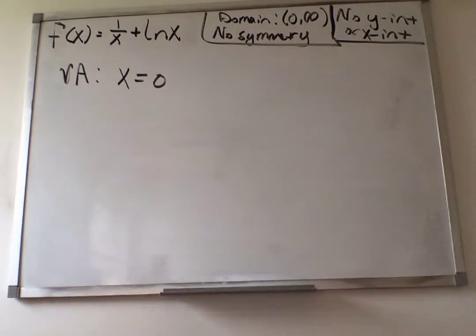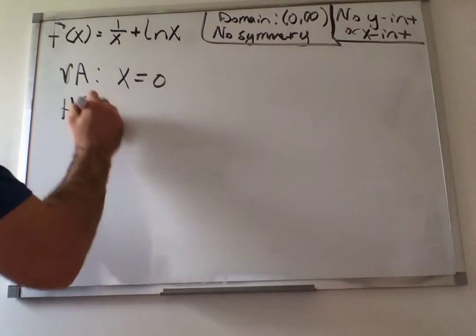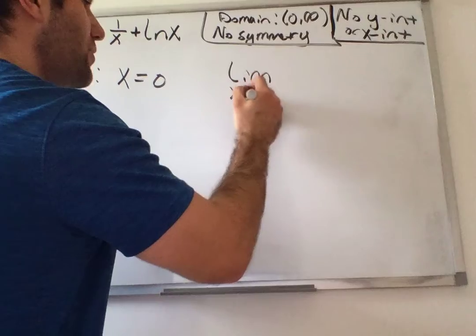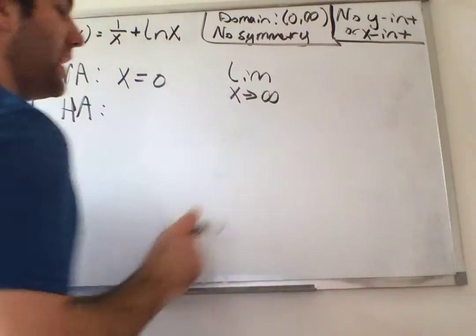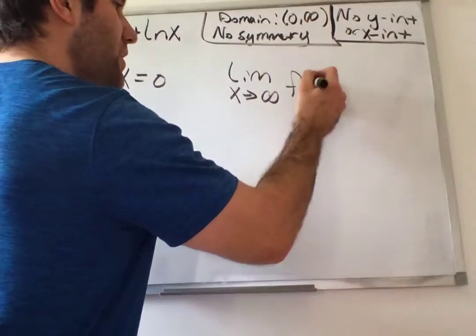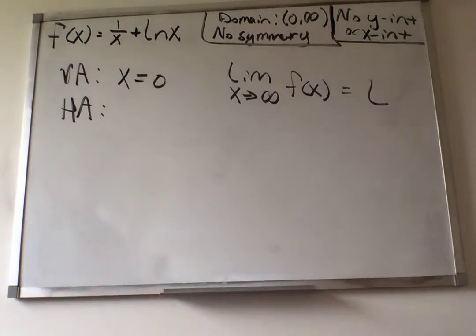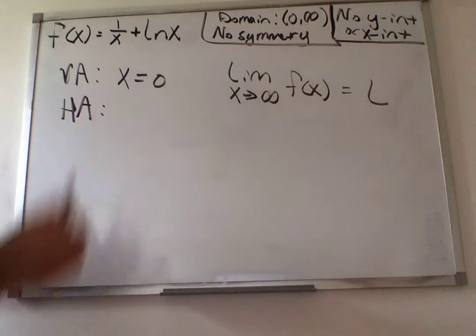Now for the horizontal asymptotes, we could take the limit as x goes to infinity of our function, and if this equals a finite number, then we have found a horizontal asymptote. So we've got a vertical asymptote at 0.